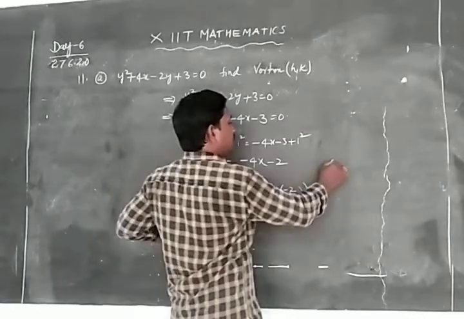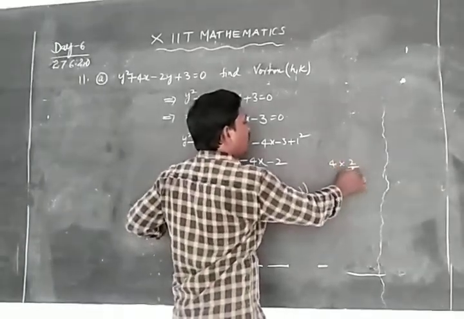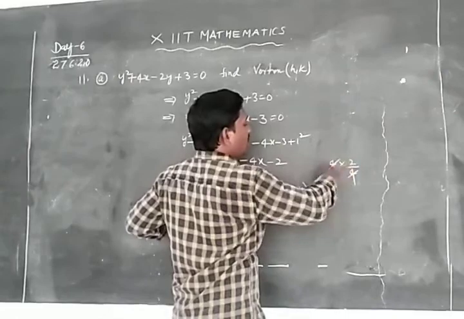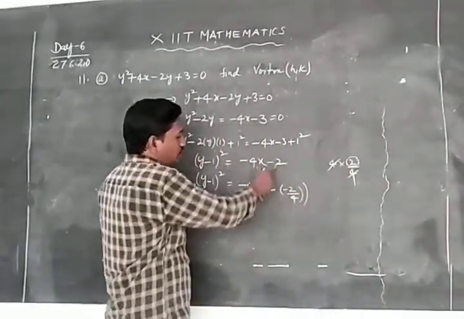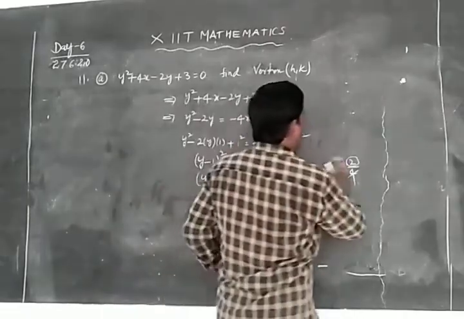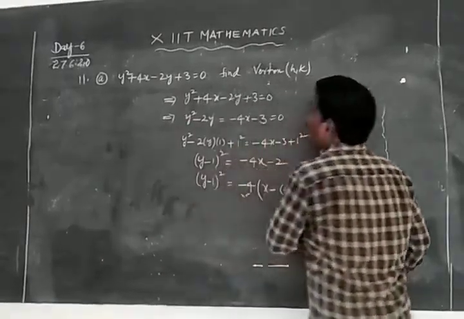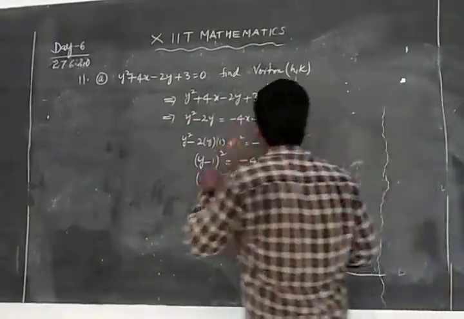Sorry, take minus only. Minus 4x minus 2 is written as minus 4 into x plus 2 by 4. Why? Because minus 4 into x is minus 4x, minus into plus is minus, and 4 into 2 by 4, the 4s cancel. What is the remaining one? 2. So you are trying to get the form of the parabola.